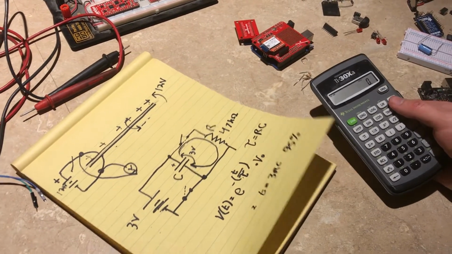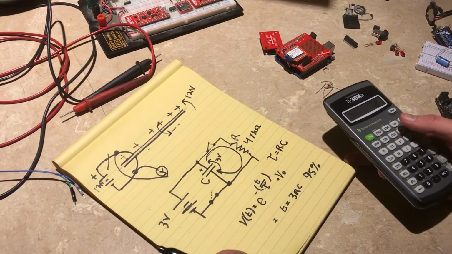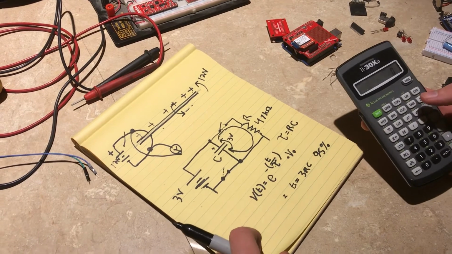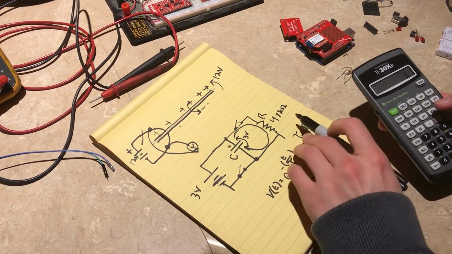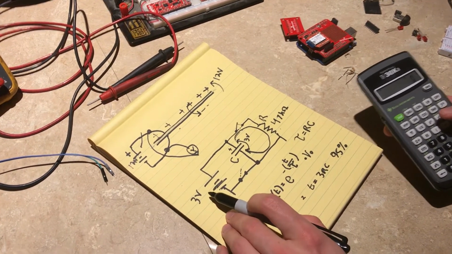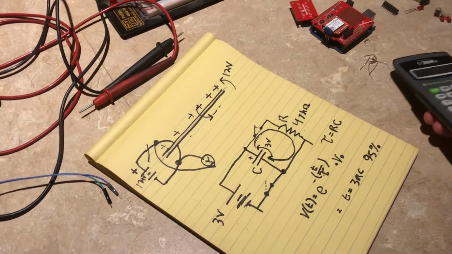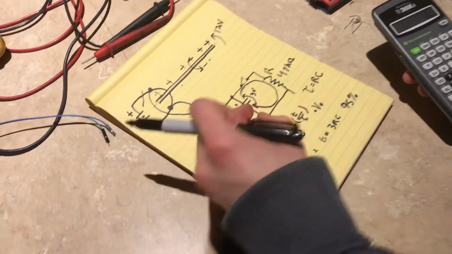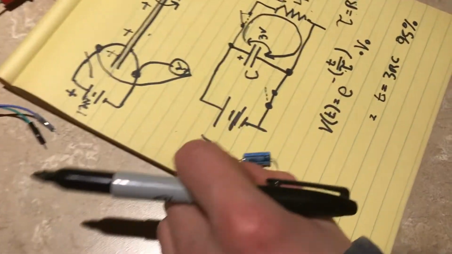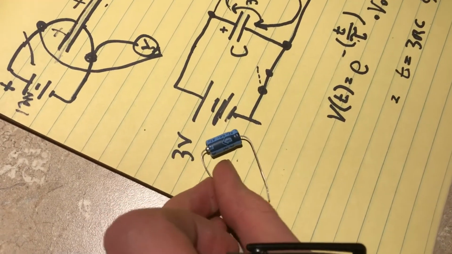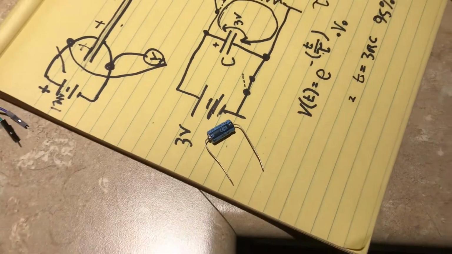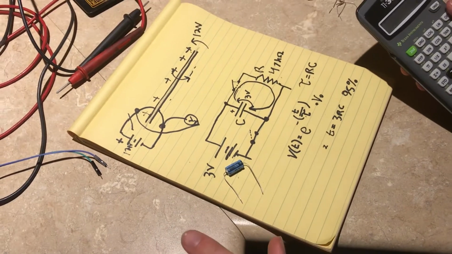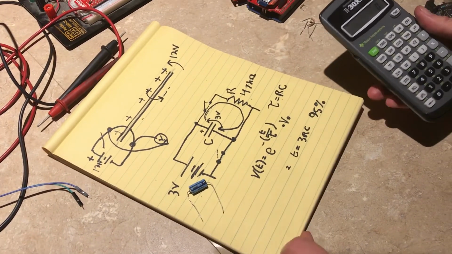So we could do an example with the numbers that I have up here. This guy I showed is a 47 microfarad capacitor. 1 farad is a huge amount of capacitance, actually.